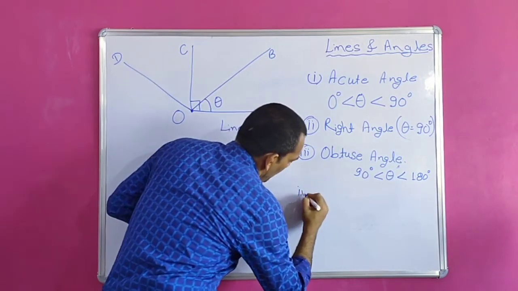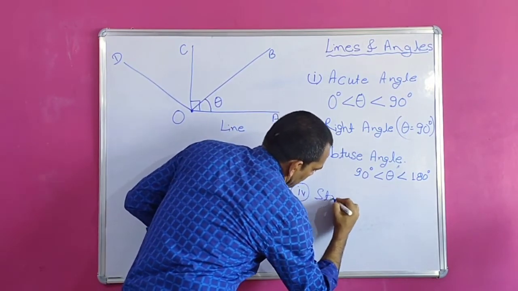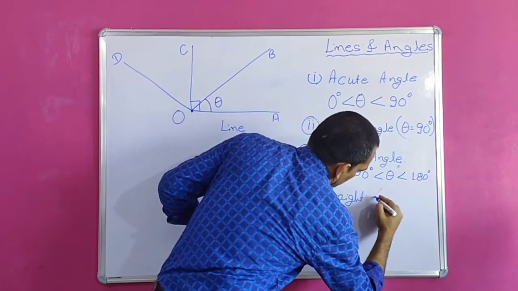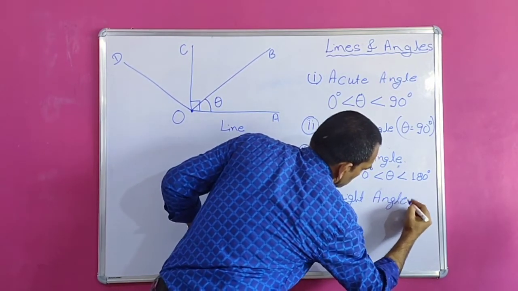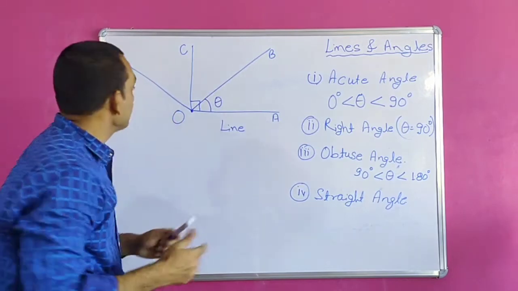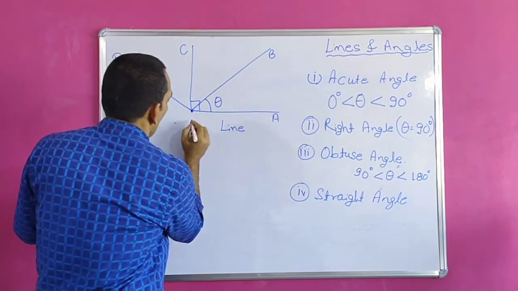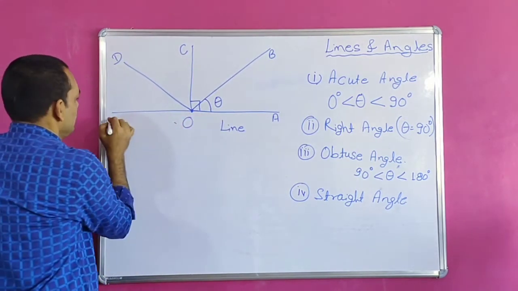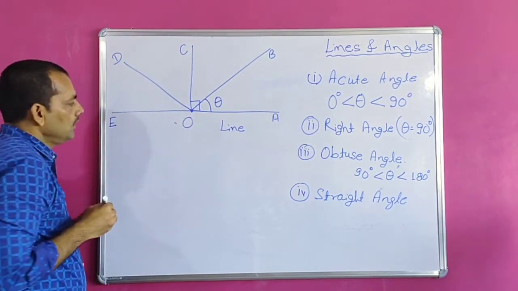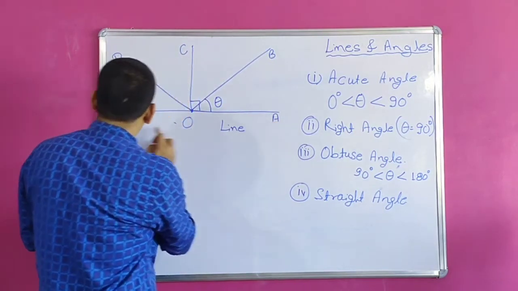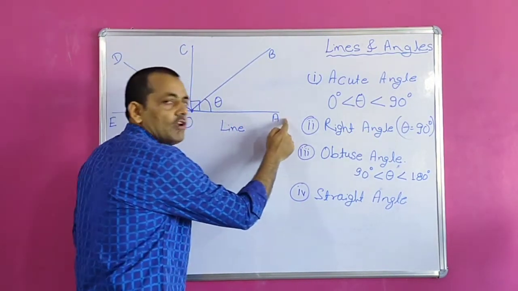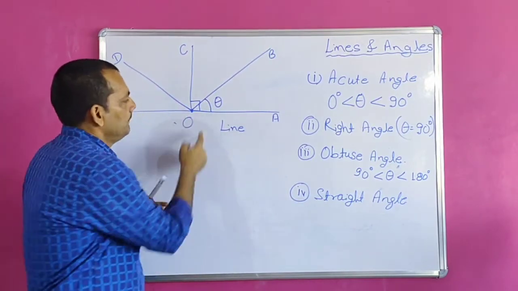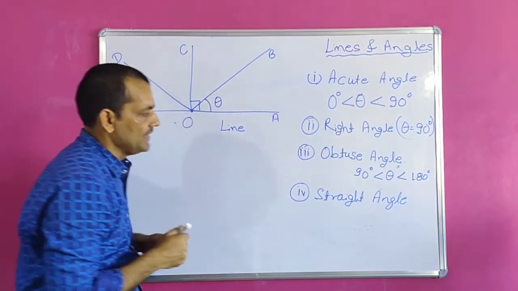Fourth one is the straight angle. What is a straight angle? If A, O and E are on the same straight line, then this angle will be 180 degrees, meaning the value of theta is 180.